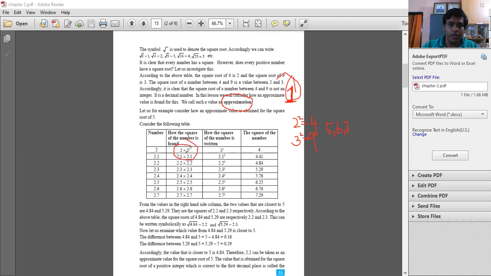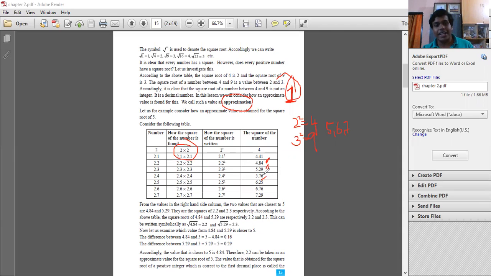So if we take 2.1, the answer is 4.41. 2.2 times 2.2 gives you 4.84. 2.3 squared is 5.29. 2.4 squared is 5.76.